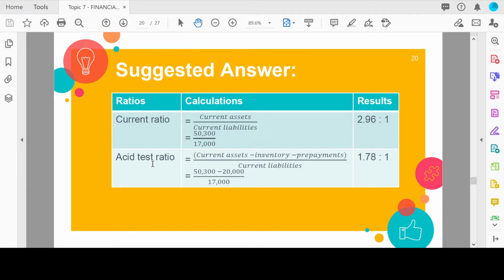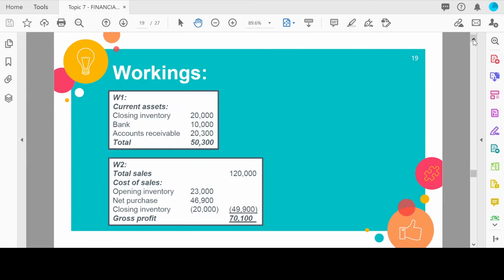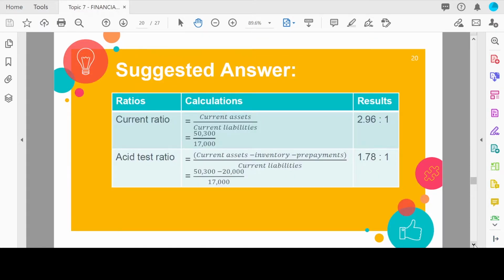What about the acid test ratio? For the acid test ratio, we need to remove inventory and prepayments from the computation. The total current asset is 50,300, and then we are going to deduct prepayments, which we don't have here, but we do have the closing inventory. So we minus closing inventory of 20,000.